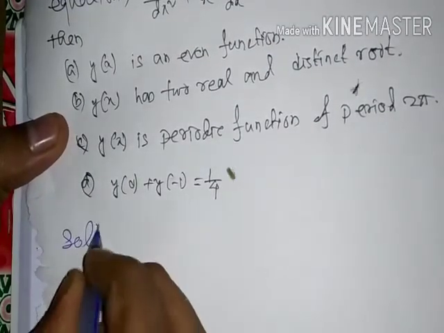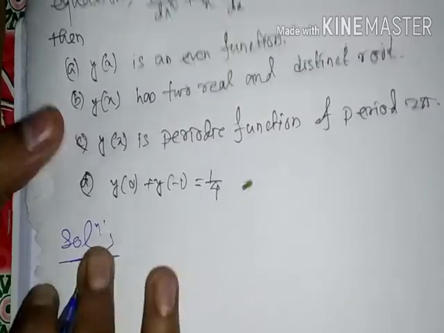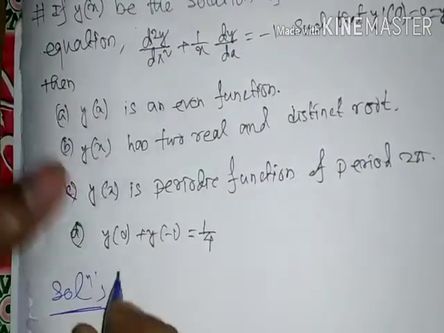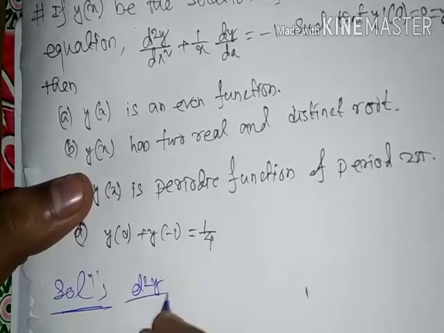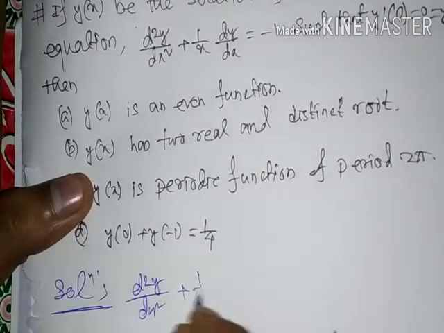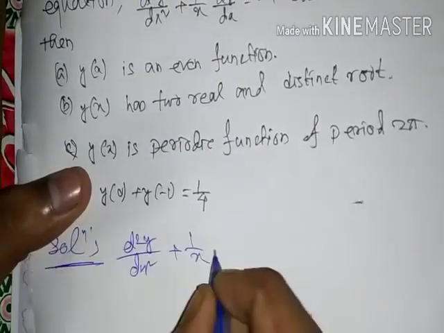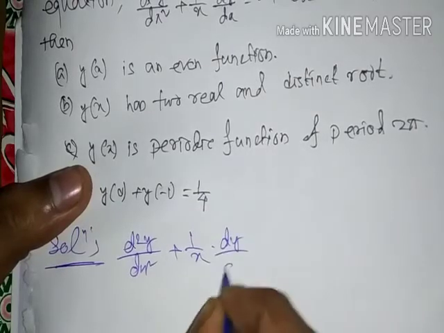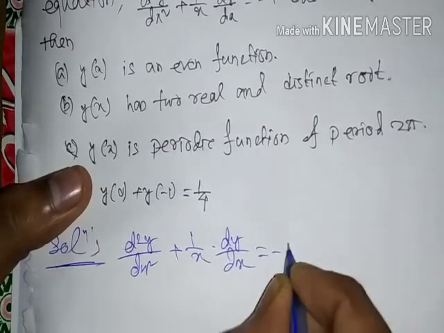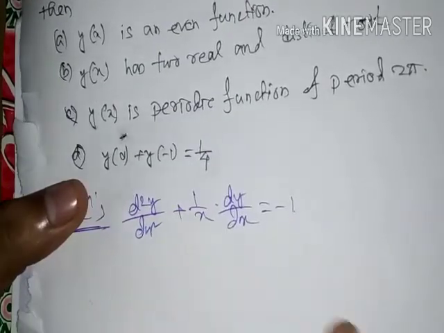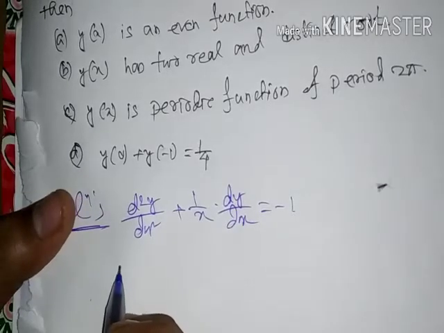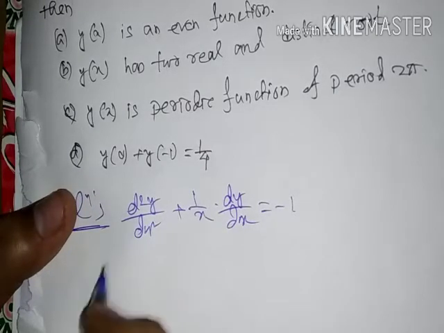Let's go to see the solution. The given equation is d square y by dx square plus 1 by x into dy by dx equal to minus 1. First we multiply both sides of this equation by x.